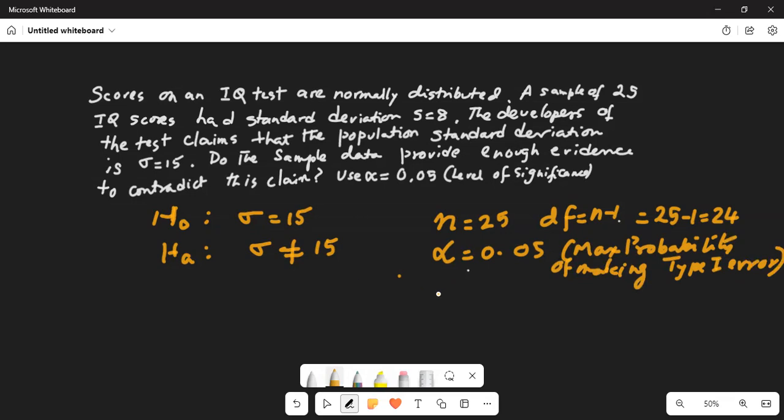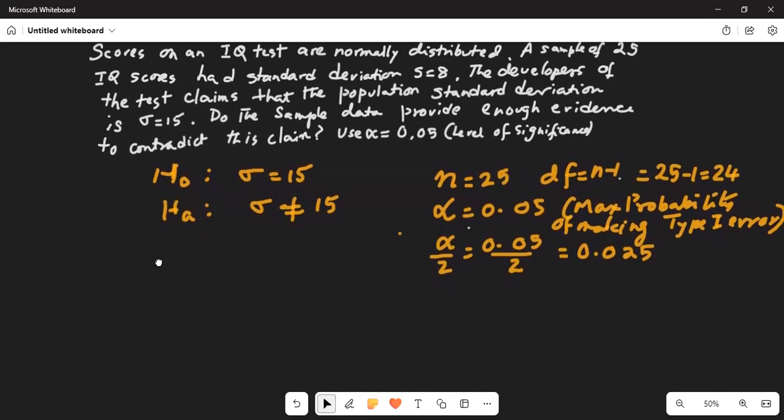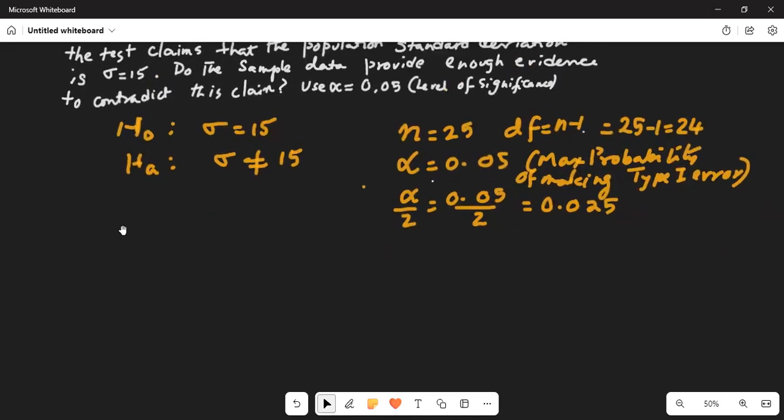Okay. So first, we should calculate alpha by 2, which is 0.05 divided by 2, which is 0.025. So if I create some space, moving this slightly up. Okay.